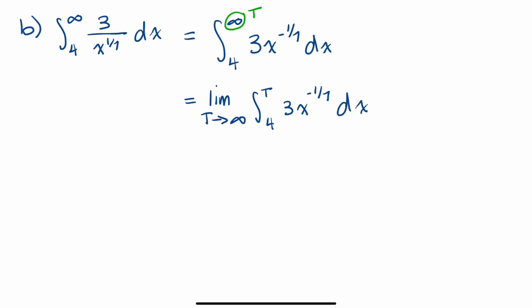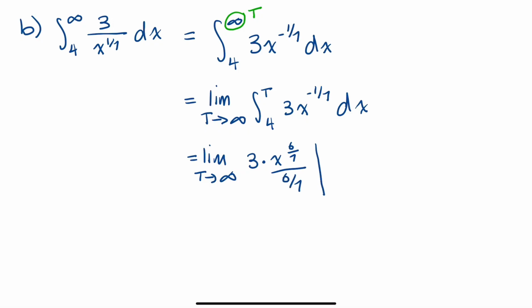Now to evaluate this integral, we can use a simple power rule of integration where we know to just add 1 to the exponent and then divide by that exponent. So we're going to do that right here. So this is equal to the limit as t approaches infinity, multiplied by 3 times x to the 6 over 7 divided by 6 over 7.